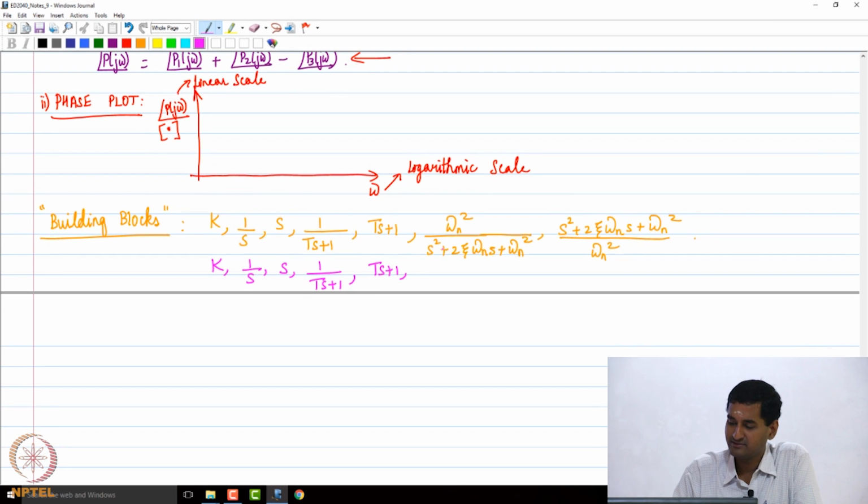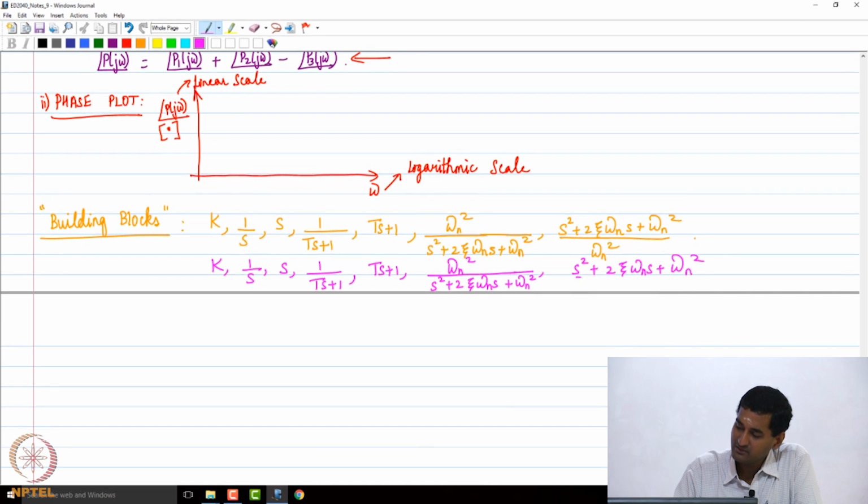And we can have second order factors with complex conjugate roots of this form, both in the denominator and the numerator. So we can have all these factors.